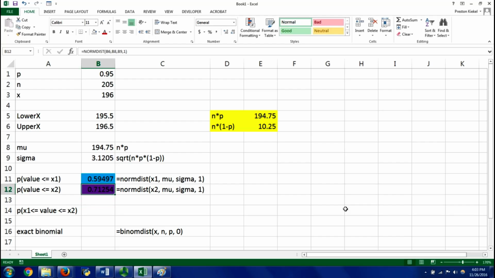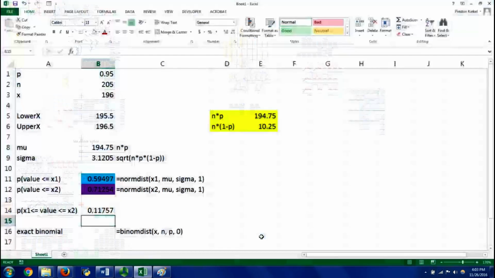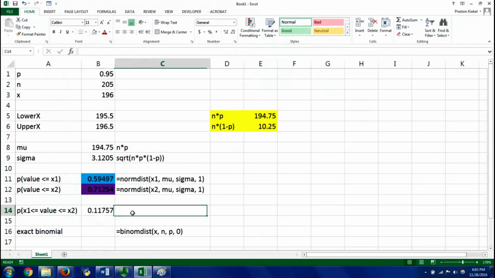So I get 0.713 and 0.595. Those are the upper and lower limits. To get the area in between, I do subtraction, the big one minus the little one, and get 0.11757. That's my answer there.